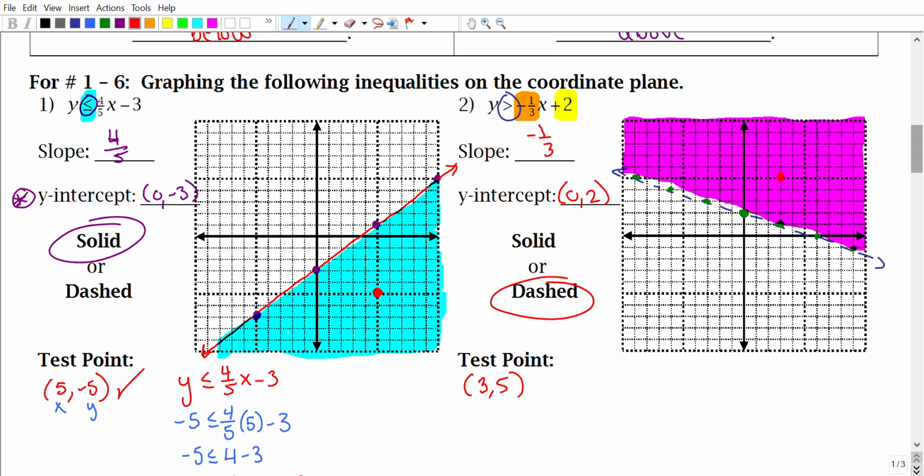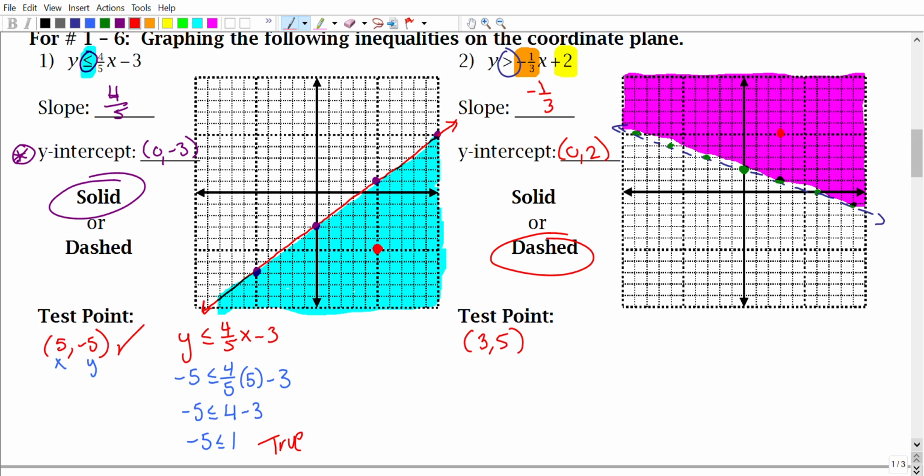Okay, there we go. Alright, so let's go ahead and substitute that into my original inequality. Sorry about that. So I just rewrote my original. But remember now, this is my x, this is my y.